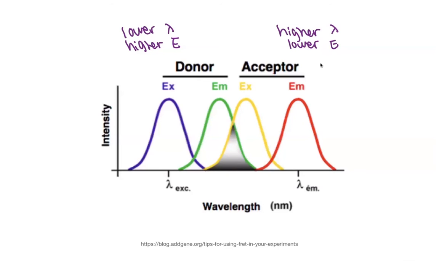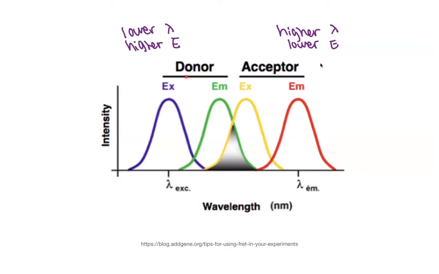And there are various things that you want, like good brightness and good lifetime, and you really want to make sure that the excitation of the first one and the emission of the second one are well separated, so that when you shine light that excites your donor, you're not going to then detect that light.